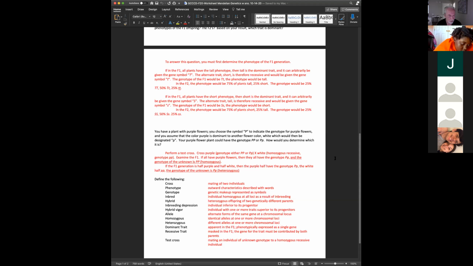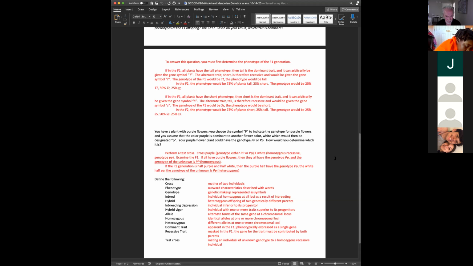And the genotype of the unknown is heterozygous, big P, little p. But it's important that you know what a test cross is and how you would do one.